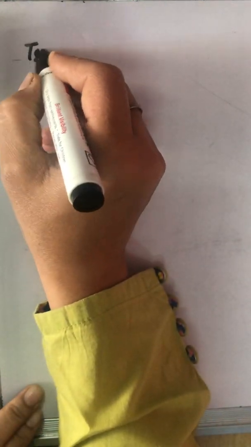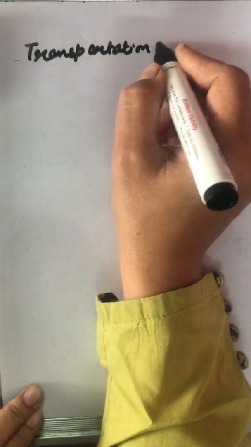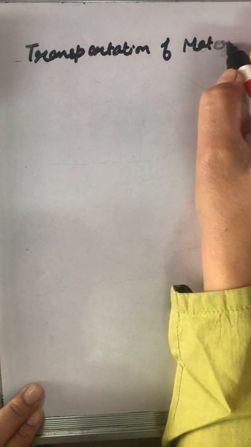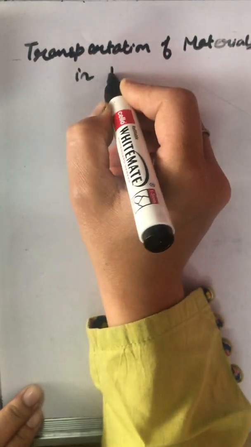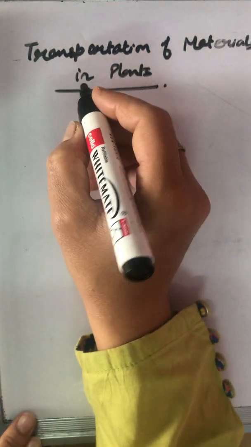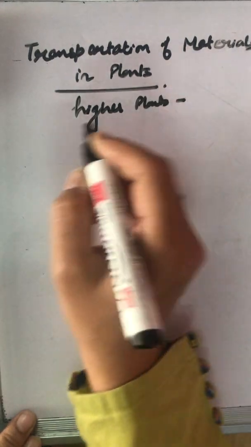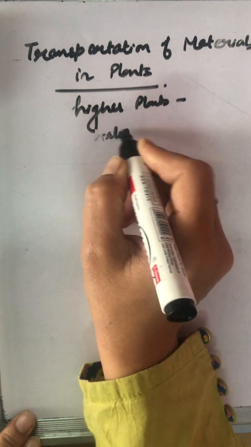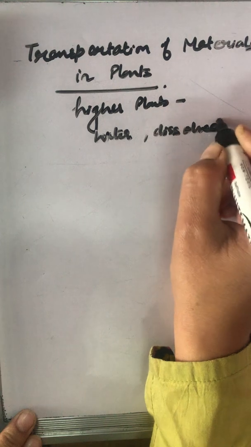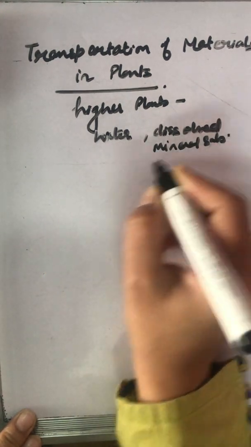Topic: transportation of material in plants. See, when we talk about higher plants, we see transport of water as well as dissolved mineral salts, sugar.